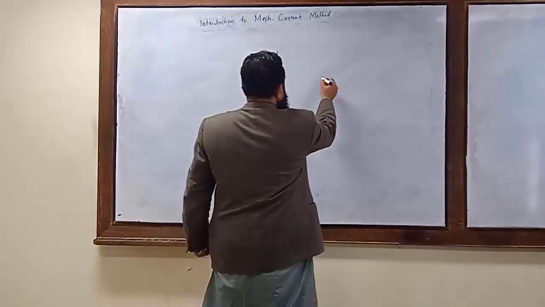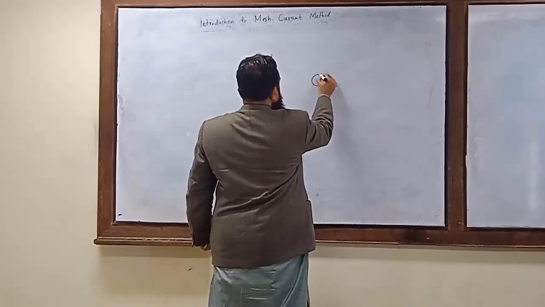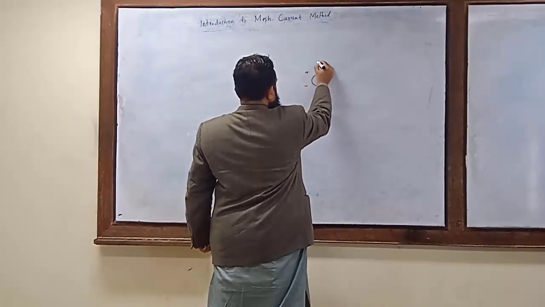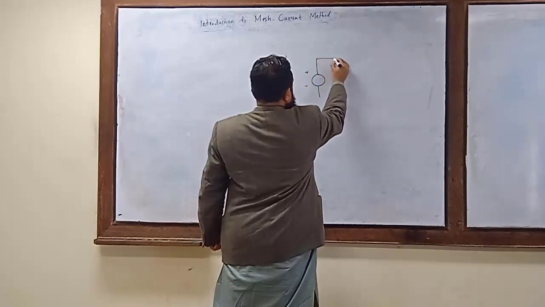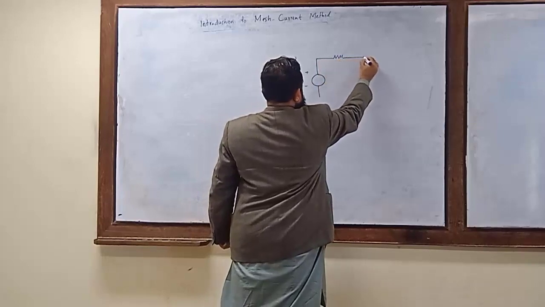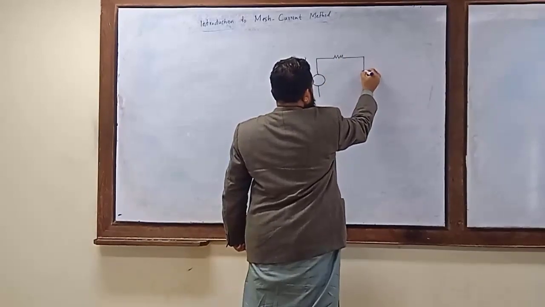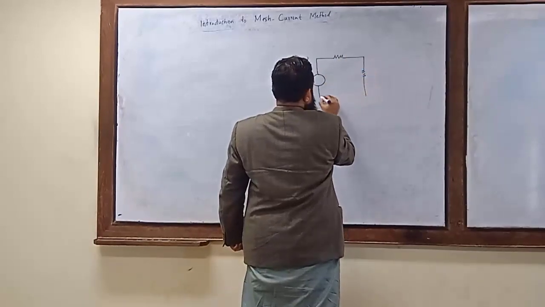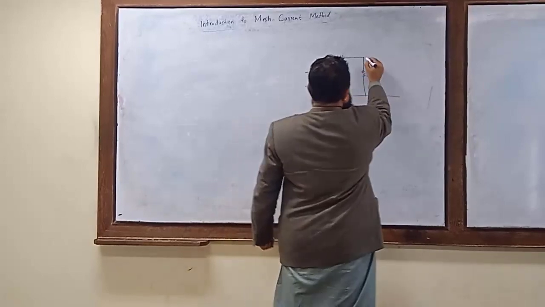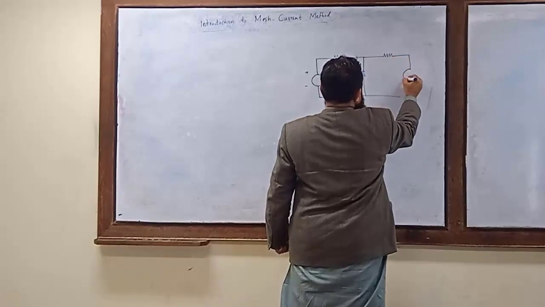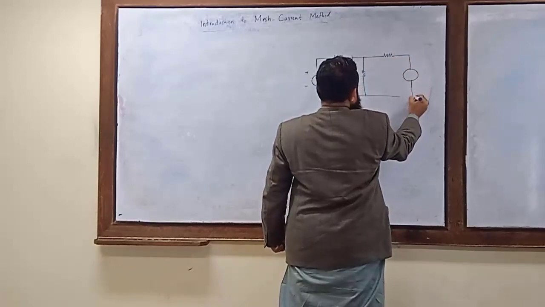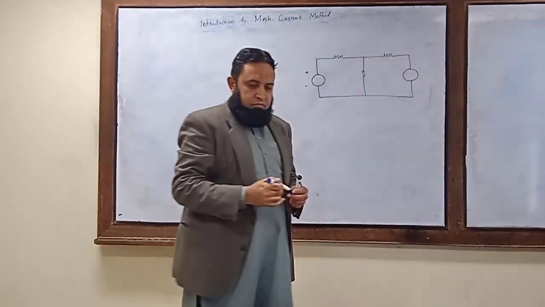We have a voltage source. If the resistance for there and another resistance is connected like this, and we have another voltage source.